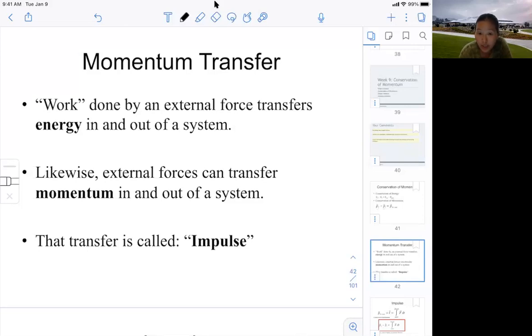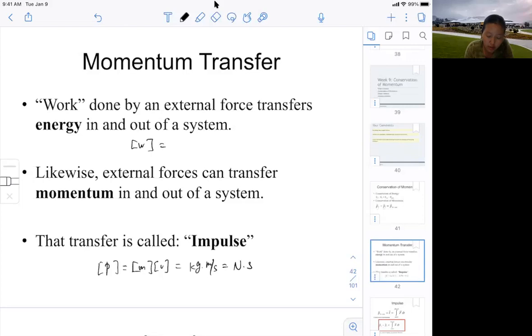So how do we calculate impulse? Hopefully, looking at the units of momentum will give a clue. You guys still remember, right? The units of momentum are the units of m times v, which is kilogram meters per second, and that is also newton seconds.